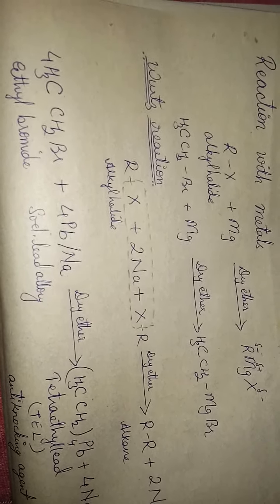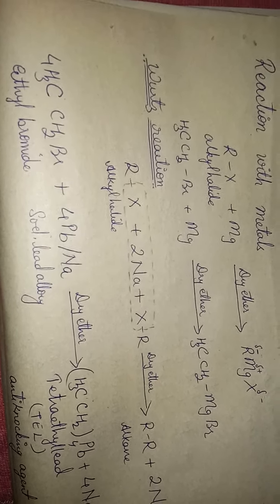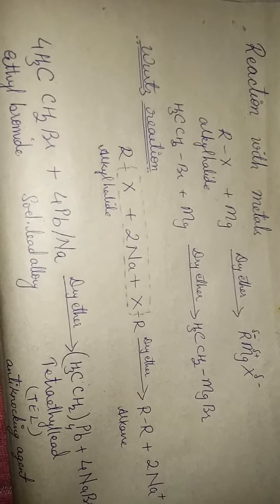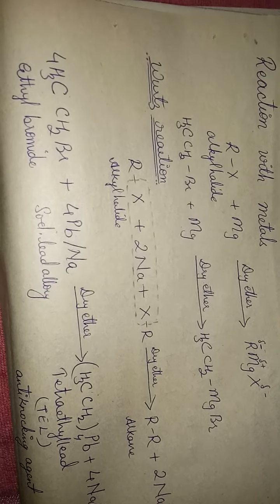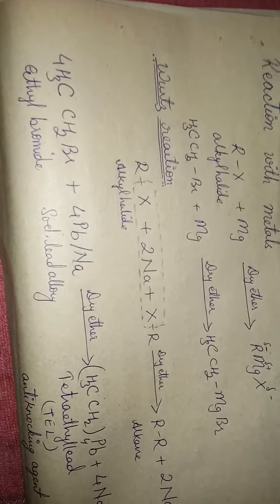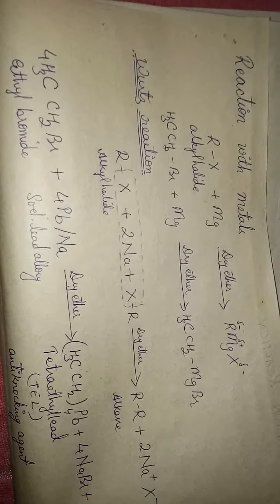An important class of organometallic compounds is alkyl magnesium halide. This was discovered by Grignard and is known as Grignard reagent after his name. And this Grignard, the person, was awarded the Nobel Prize in Chemistry.